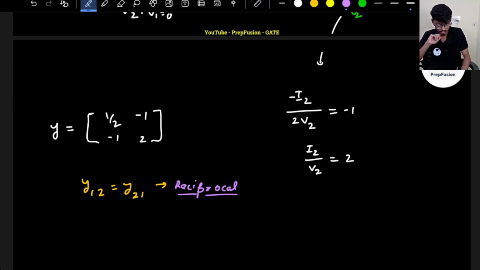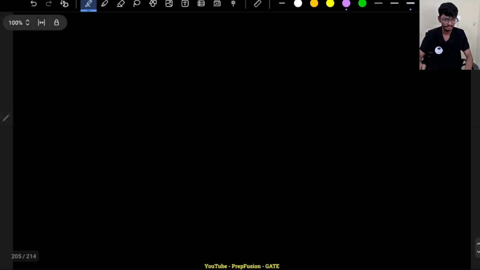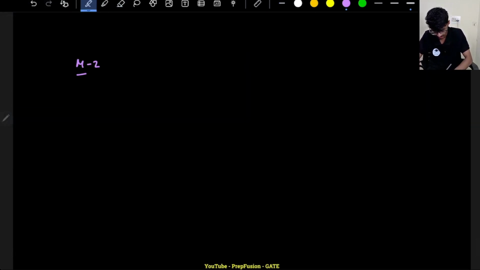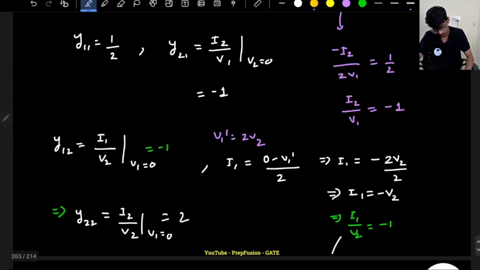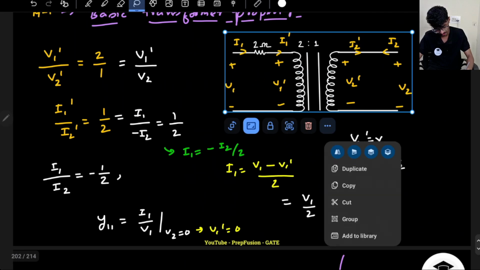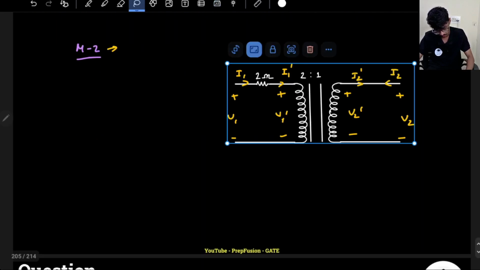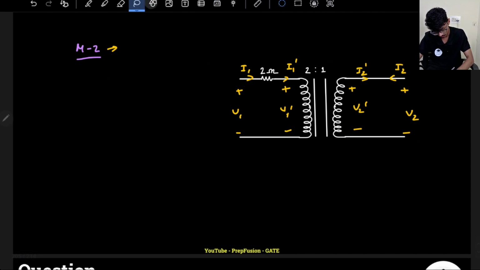Method 2 I will leave to you. Method 2 is very simple actually. You just have to find the T parameters. This network I can divide into two networks, a cascade combination of two networks.